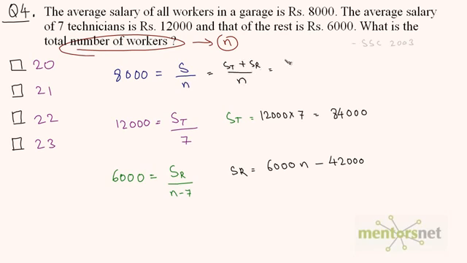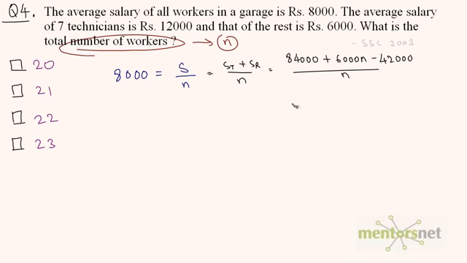ST plus SR is equal to 84,000 plus 6,000 n minus 42,000, divided by n, which can be written as 84,000 minus 42,000 gives you 42,000 plus 6,000 n divided by n, and on the left hand side is 8,000.